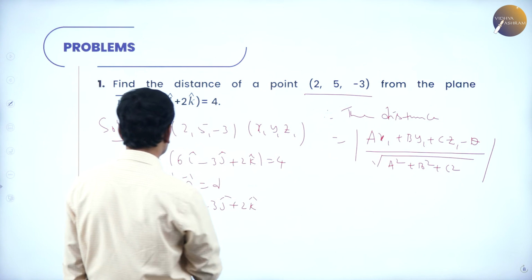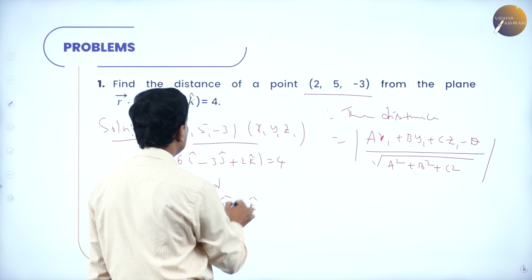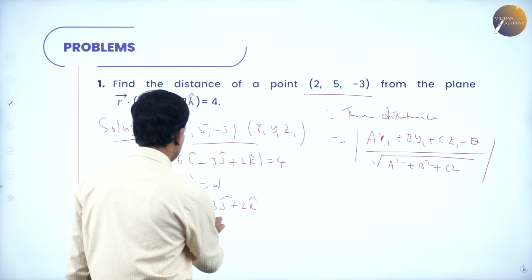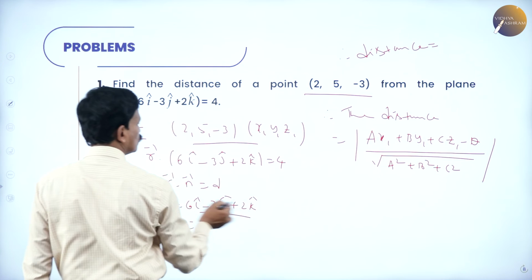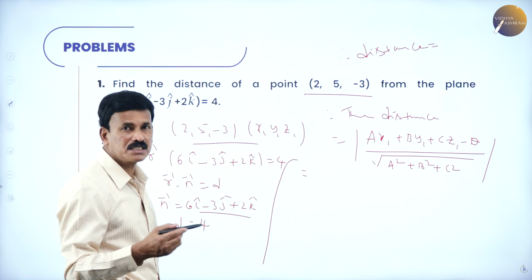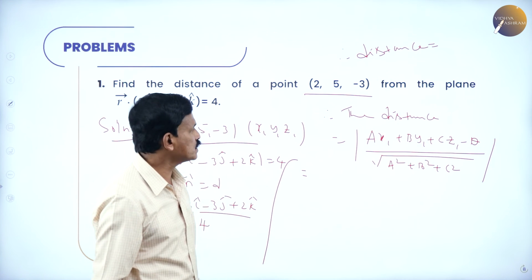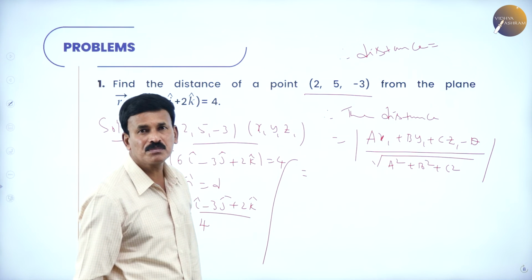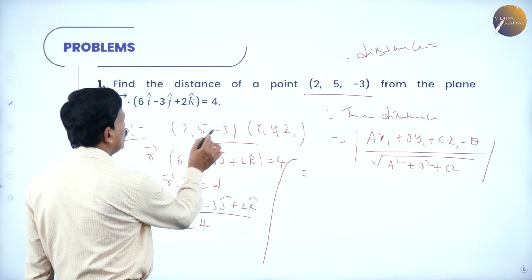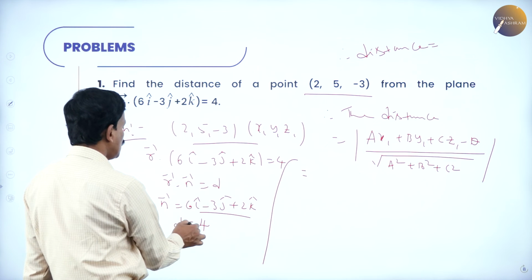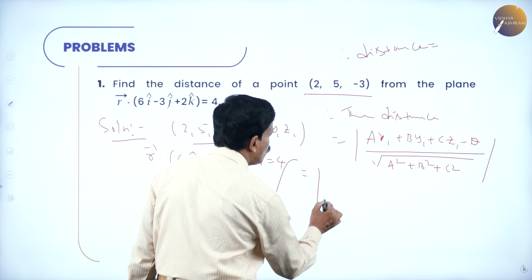Here x1, y1, z1 are 2, 5, minus 3, and a, b, c are 6, minus 3, 2. Substitute the values: x1, y1, z1 is 2, 5, minus 3, and a is 6, b is minus 3, c is equal to 2. Substitute here.